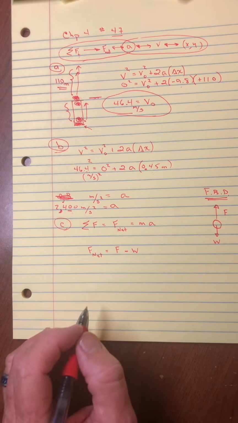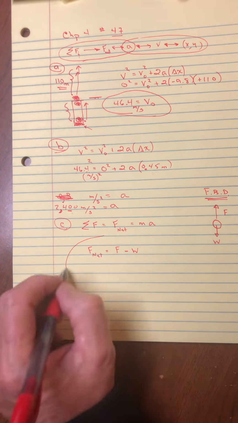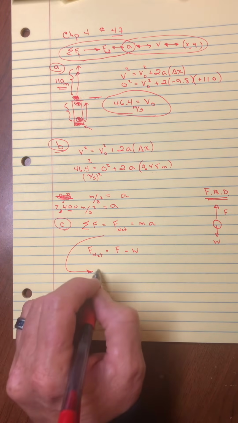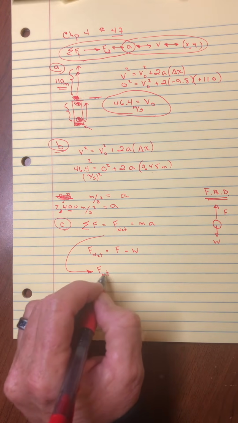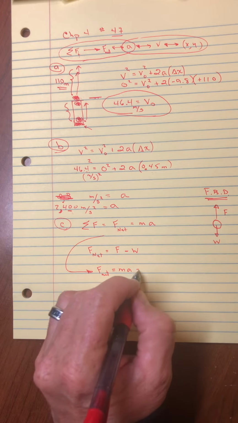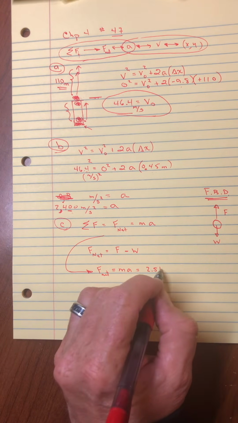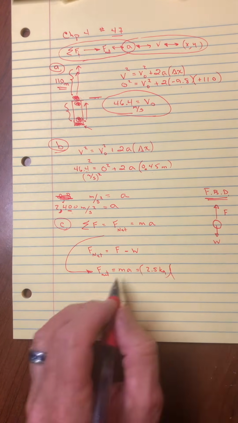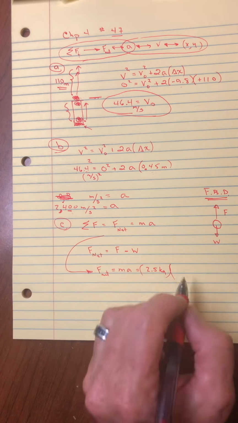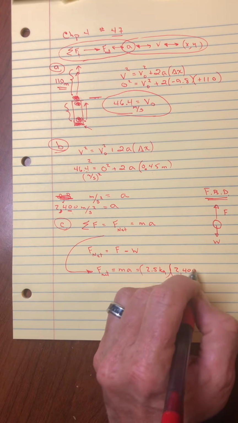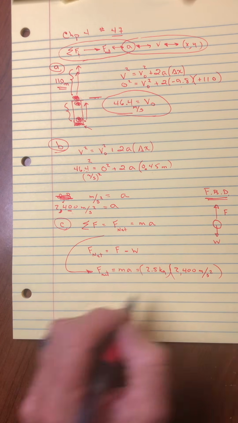So why don't I do the net force first? Because that would be mass times acceleration. And the mass, they tell us, is 2.5 kilograms. And the acceleration, as we said, was 2,400 meters per second squared.